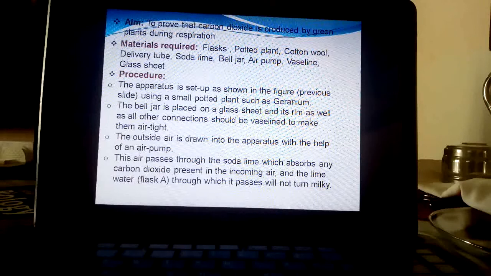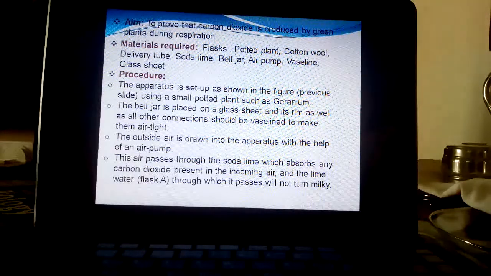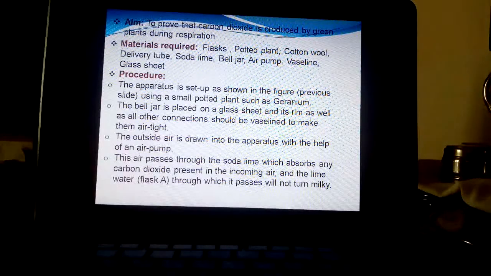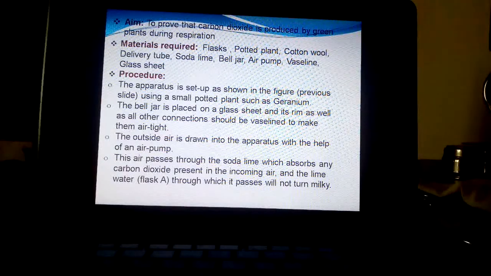The materials required are 2 flasks, a potted plant, cotton wool, delivery tube, soda lime, bell jar, air pump, Vaseline, and glass sheet. Got it? Now we'll see why all these are used and where they are used. The apparatus is set up as shown in the figure. You have seen the figure in the previous slide.